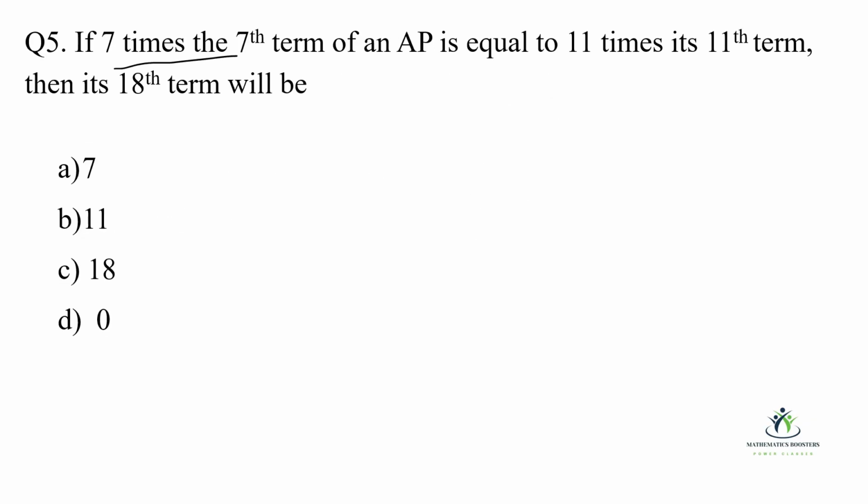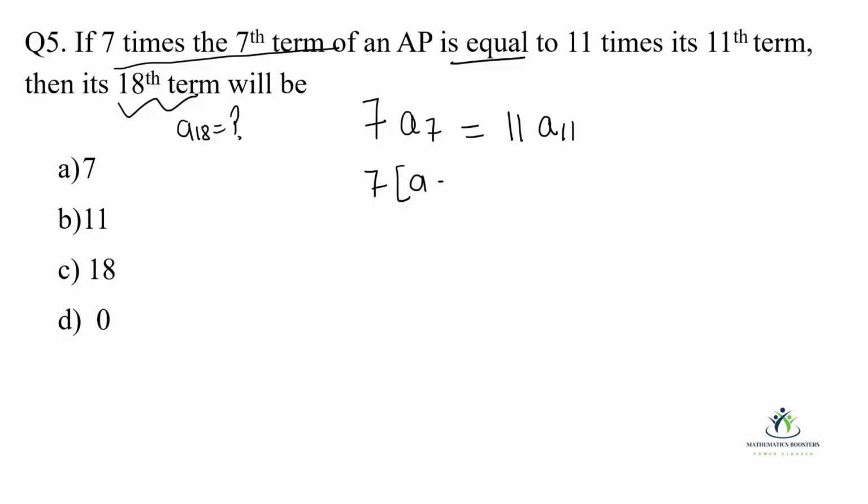Next, 7 times 7th term. Start solving. 7 times 7th term is equal to 11 times 11th term. Find what will be 18th term. Let's solve this equation. 7 times a plus 6d, 11 times a plus 10d.